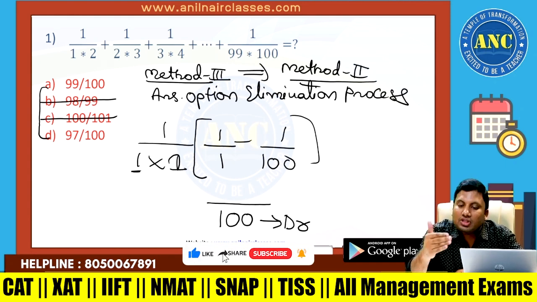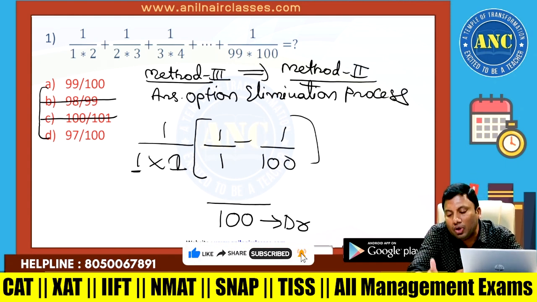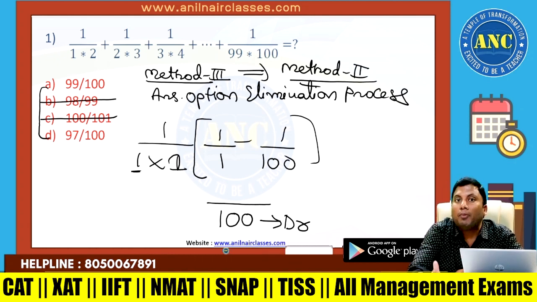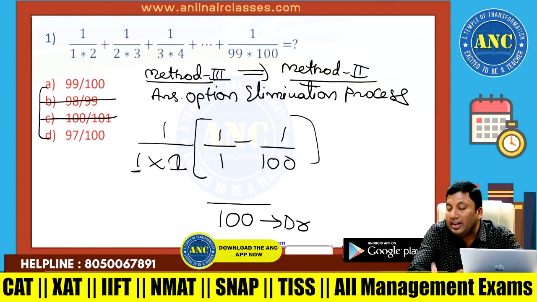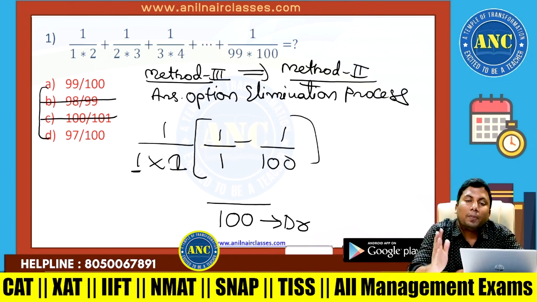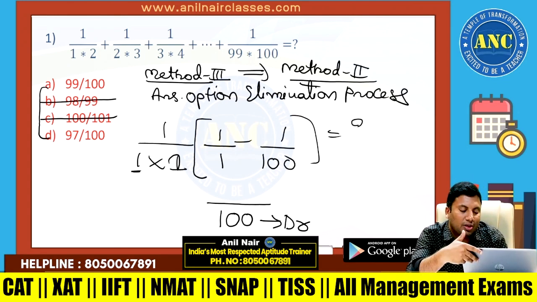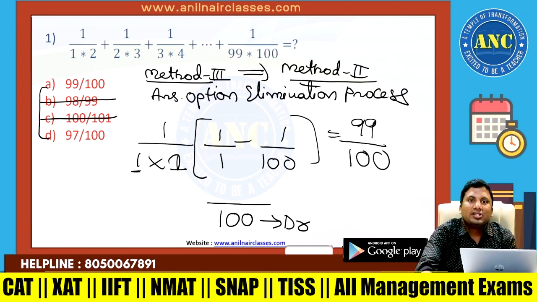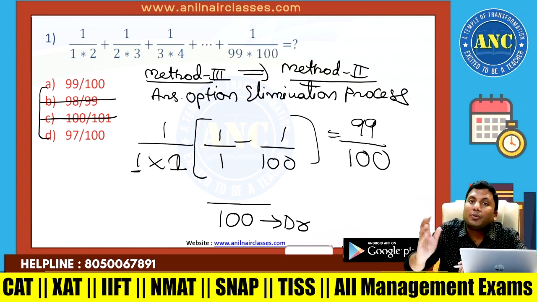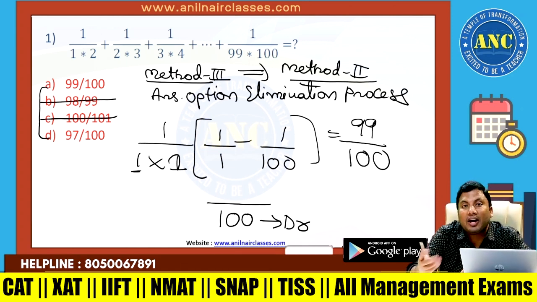So the answer, out of these 2, from method 2, is 99 by 100. Sometimes there could be only 1 option with the denominator 100 or a factor of 100.